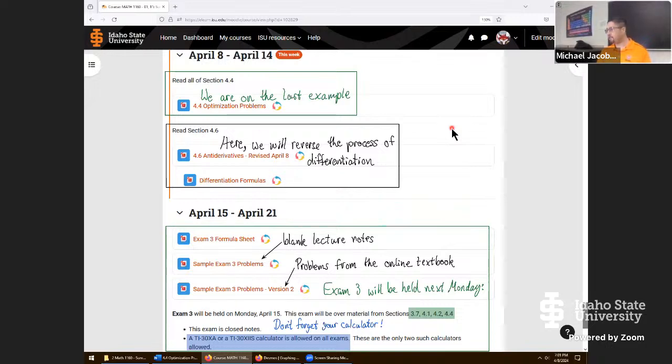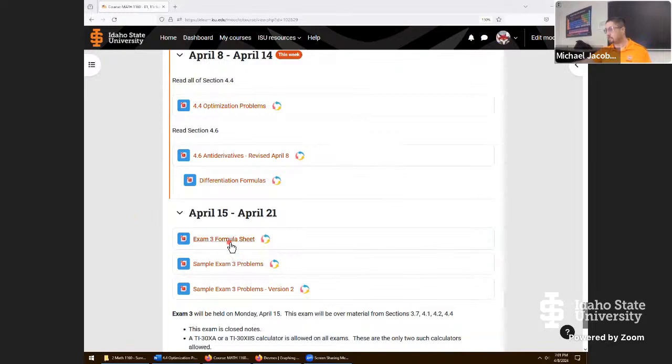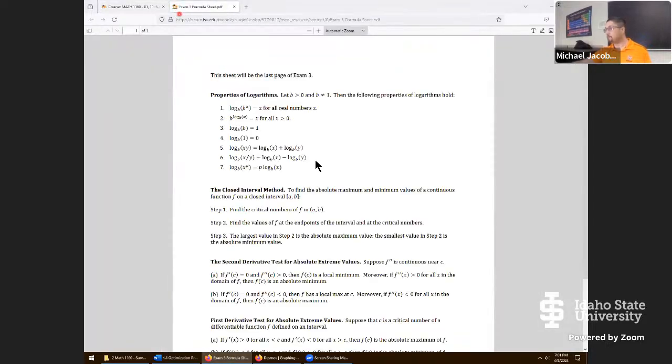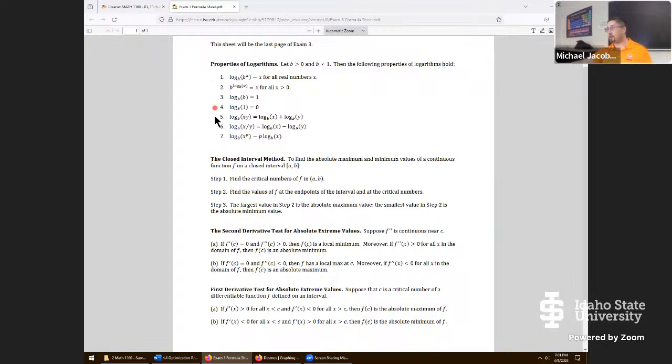Okay, aside from that, we have pretty much a similar format for every one of our exams. We have the formula sheet that's going to be provided. Let's take a look at that while we're discussing these things. So the exam 3 formula sheet has, out of the gate, a big emphasis on properties of logarithms. This will be a feature of the real exam 3. It's not going to be a heavy feature.